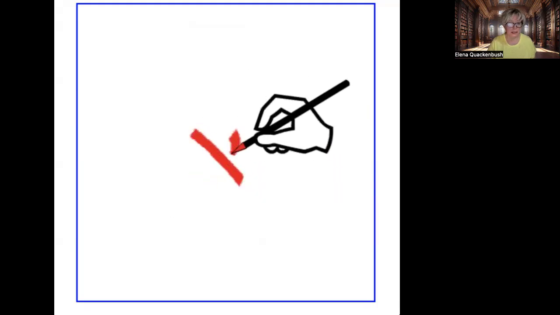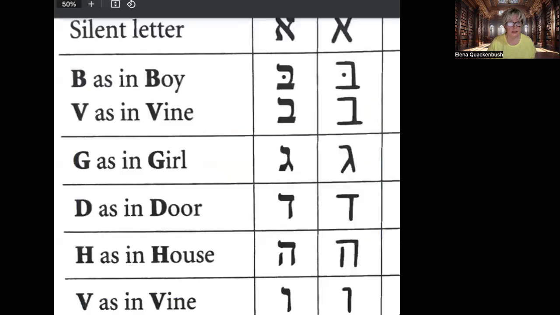Let's go to the next letter. Next letter is Bet. But here it is divided into Bet and Vet. How is it? Well, it is the same letter. It just changes the harshness, the firmness, the explosiveness of pronunciation, depending on the position in the word or in the sentence.